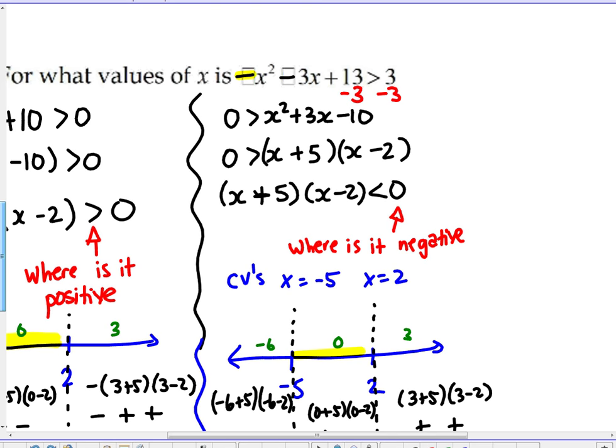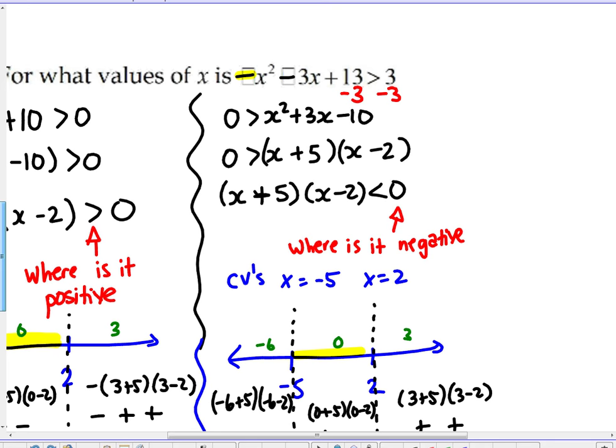If we read our variables first, when is that less than 0? So it's nice to actually put the 0 for the inequality on the right-hand side, and the x is on your left, so you read it properly. And so I rewrote it so that it's x plus 5 times x minus 2. When is it less than 0? Where is it negative? So that's where you're solving.